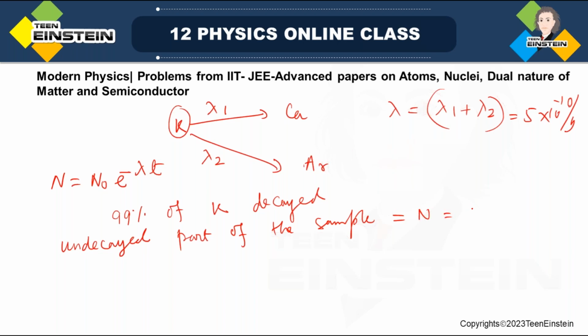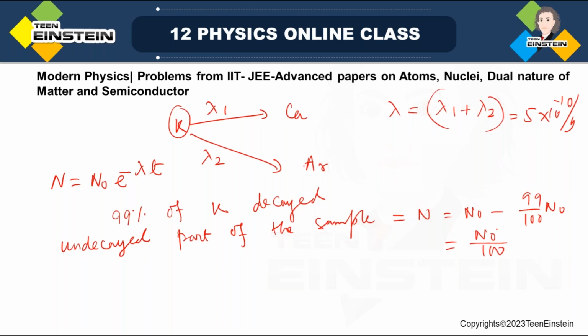N is equal to N0 minus 99 by 100 into N0. That means it is N0 by 100. Okay, this is given.